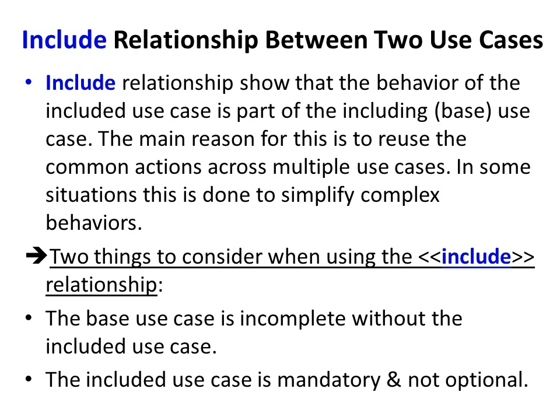The include relationship. The include relationship is mandatory. It's not optional like the extend relationship, and we use it when common actions across multiple use cases are reused, and in order to break down complex behavior and assign it into more than one use case.